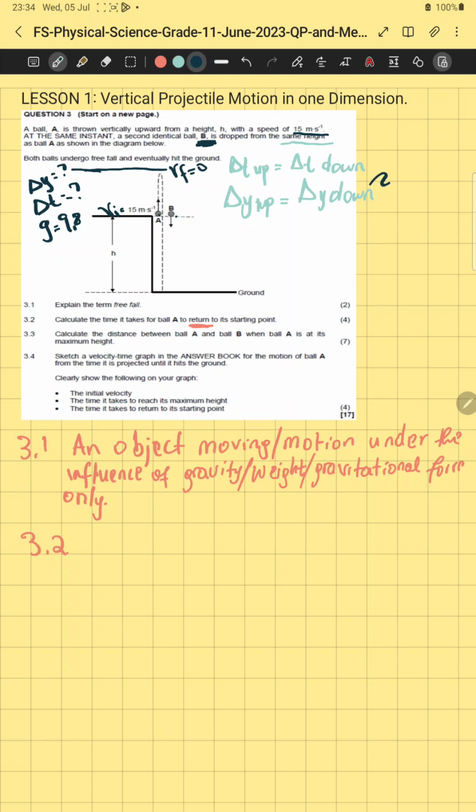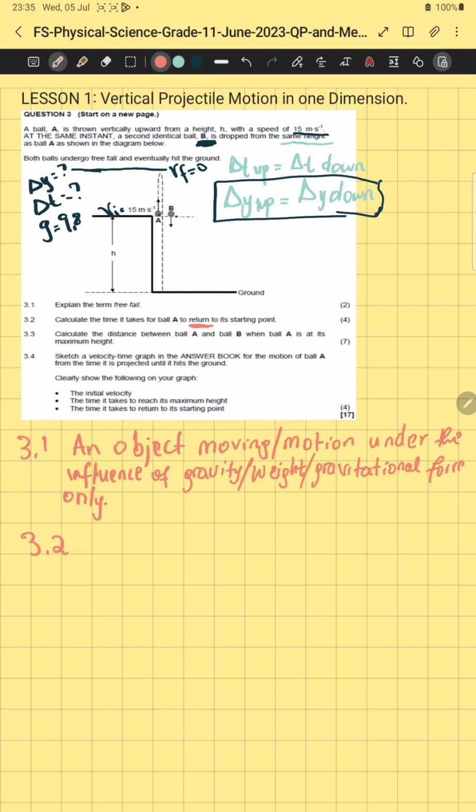This only applies if the object is thrown from this position and returns to the same position. The height going up will be the same going down. In fact, the height at point A must be 0 because it is the starting point. So t up is equal to t down.